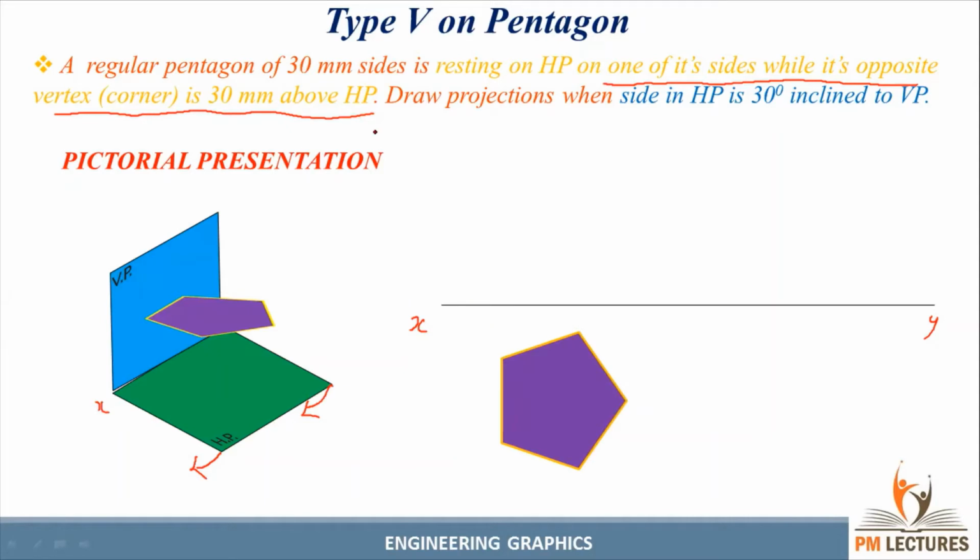So we have a doubt here. We can draw the pentagon in different orientations also. We can draw the pentagon like this, but here a corner will be on the left-hand side, whereas in the question one of the edges is resting on HP. So this will be wrong, because a corner means we have only one point.